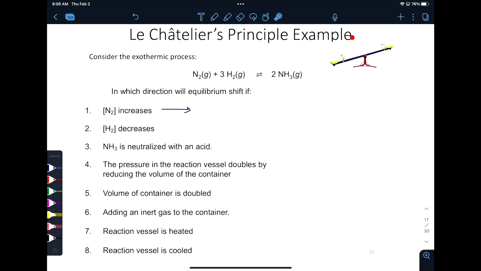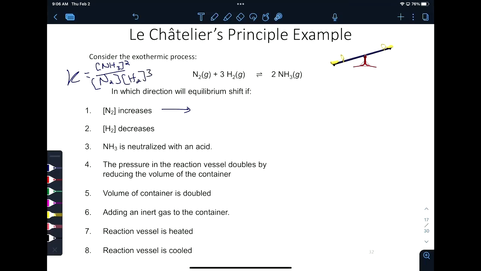What I like to think is, you push down on this side of the seesaw. In order to get it back to equilibrium, I need to put more weight in the forward direction to make it even again. Or you can think of it this way. So remember what K is. K is equal to, in this case, ammonia squared over nitrogen to the 1 over H2 to the 3.